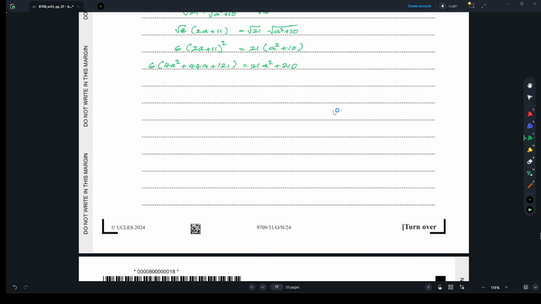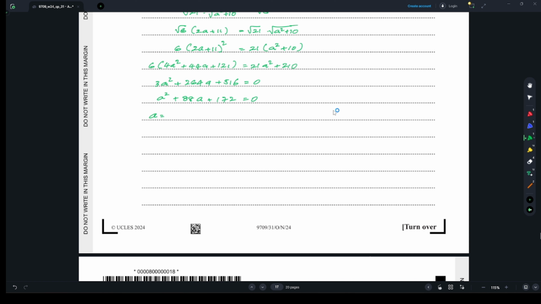So when you simplify all, you will receive 3A squared plus 264A plus 560 equals 0. So you can divide by 3 if you want. So A squared plus 88A plus 172 equals 0.